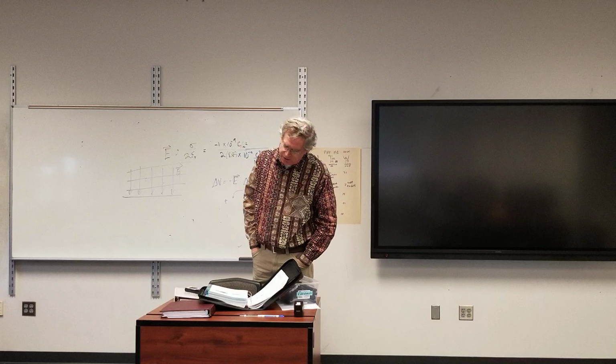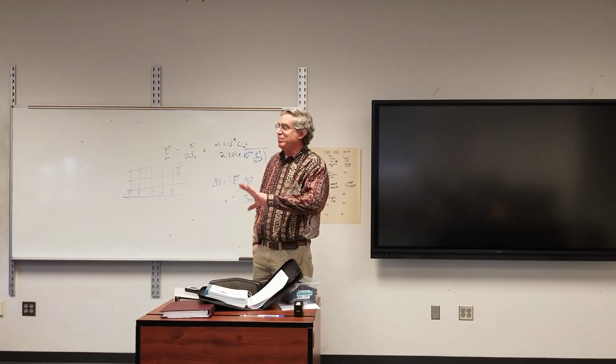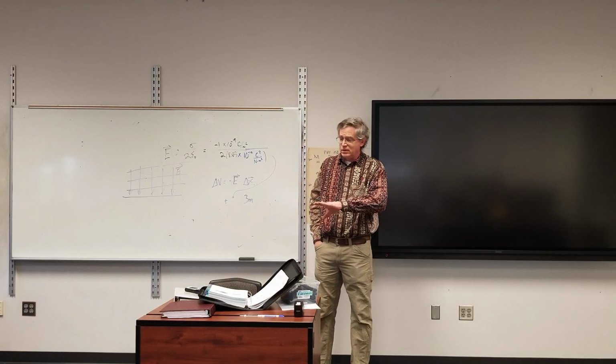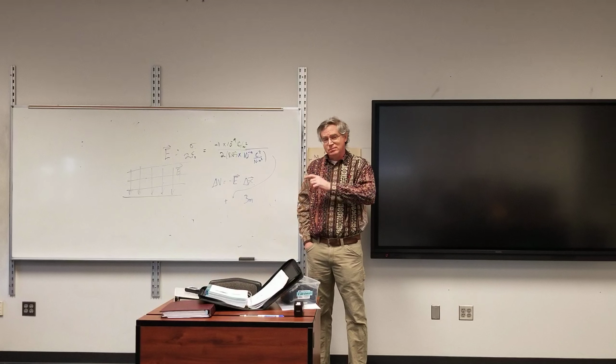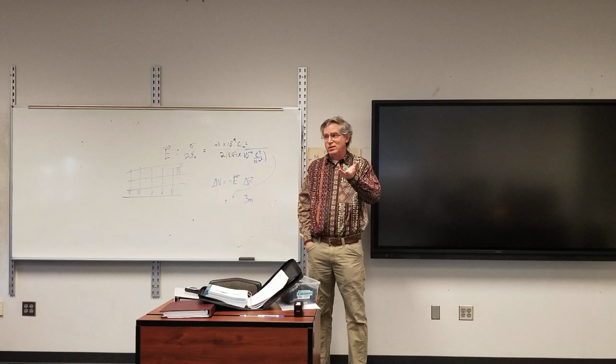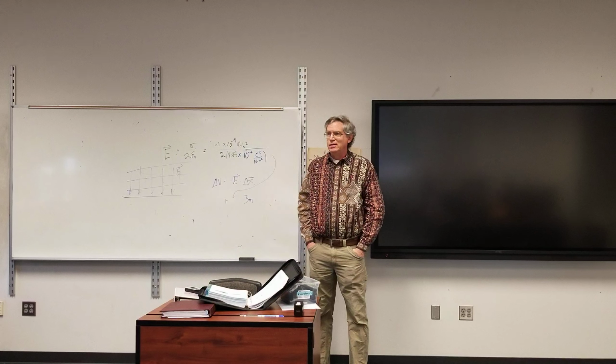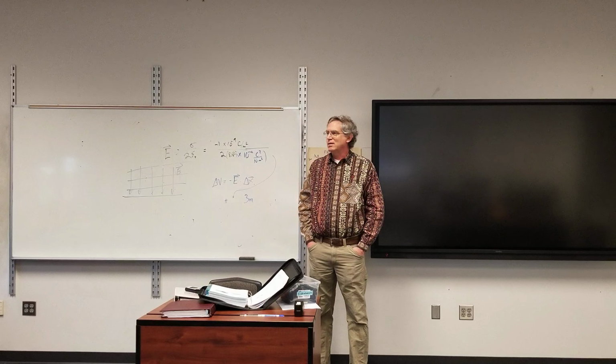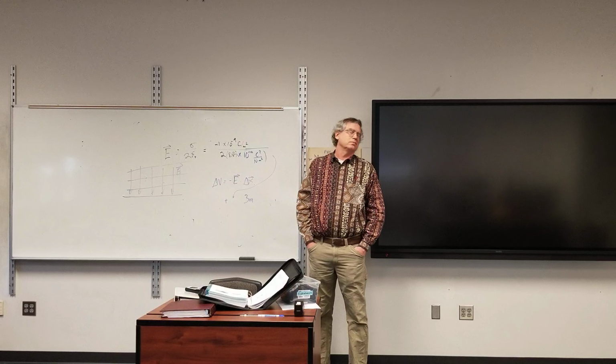Okay, in B it says calculate the electric potential at the site. Now the simple answer is the electric potential at that height. What is the simple answer? Zero. Why? Because it's outside of the range.